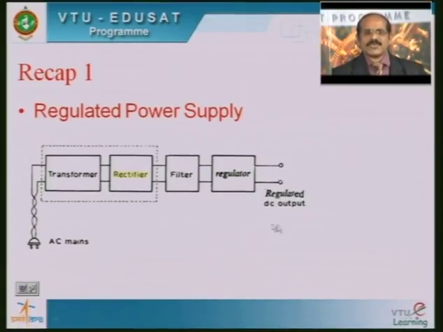If there is any variation in the output current, the regulator provides the continuous DC output. So, the job of the voltage regulator is to provide a continuous DC in spite of variation in the input voltage or the load current. Finally, at the output of this regulator, we get a regulated DC output.